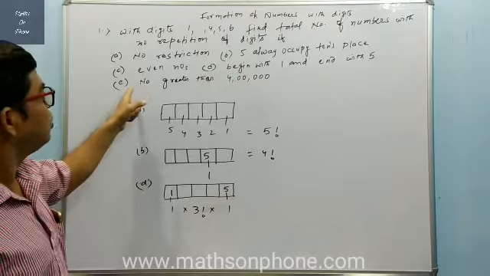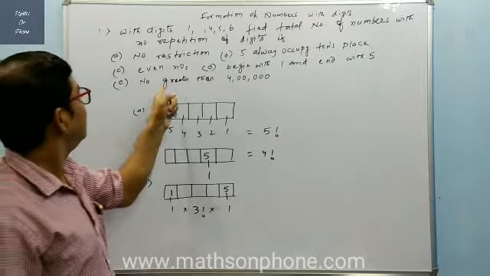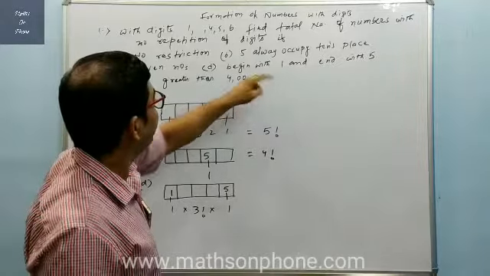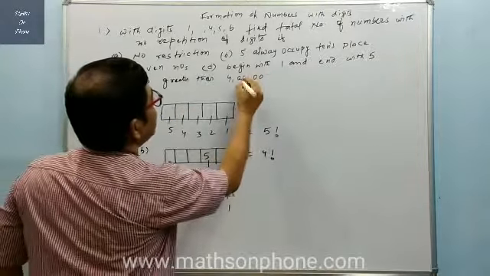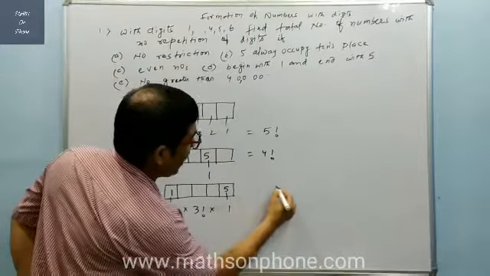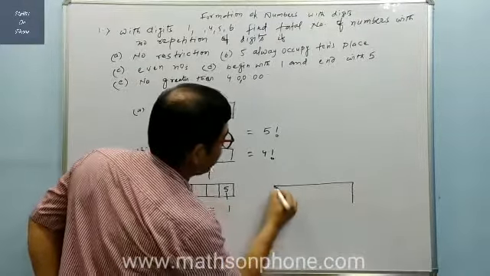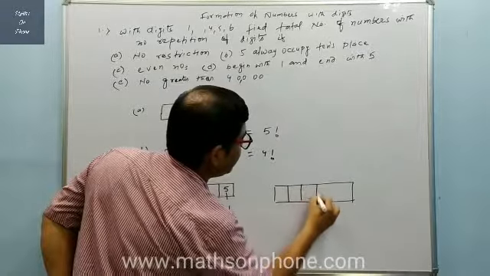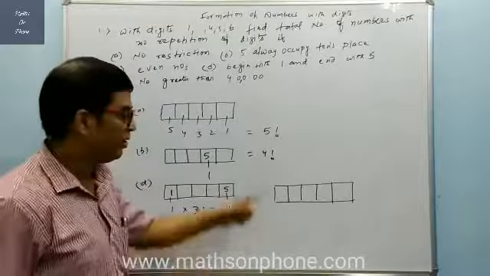See, for question number E, the number should be greater than 40,000, because this is a 5-digit number. What does this mean?